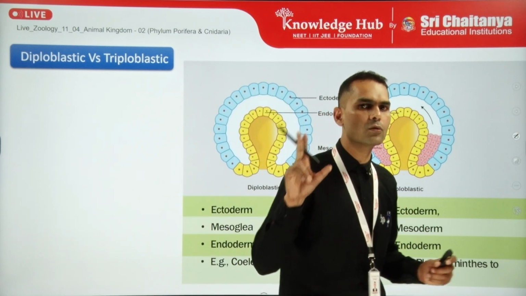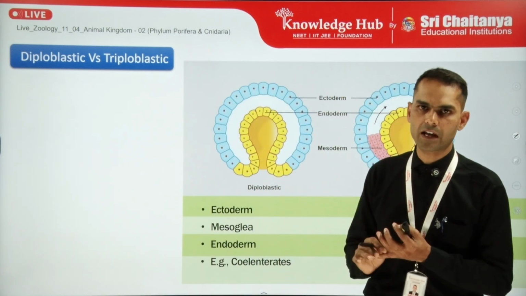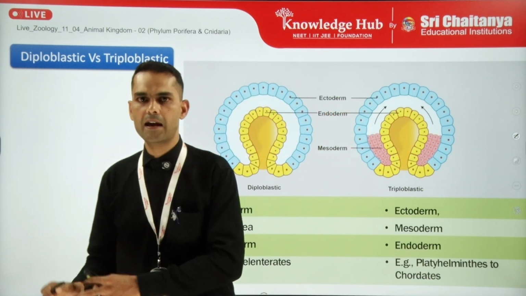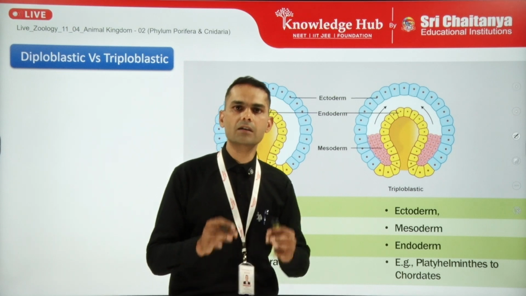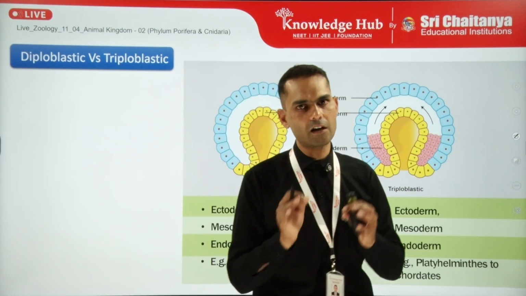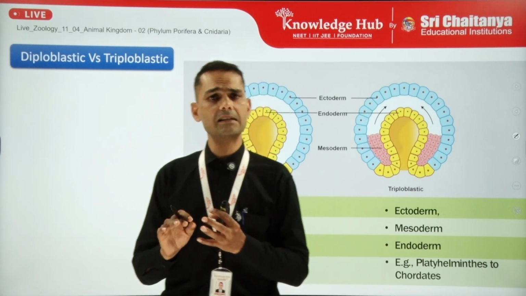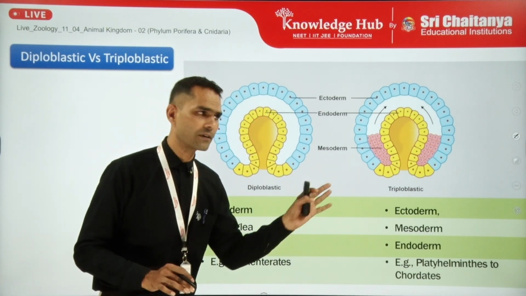If only two germ layers form, ectoderm and endoderm, then the organism is said to be diploblastic. If all three primary germ layers form, we call them triploblastic, that is ectoderm, endoderm as well as mesoderm.